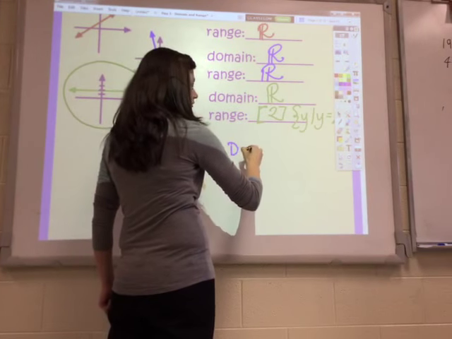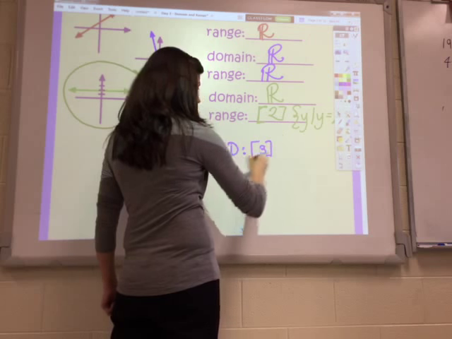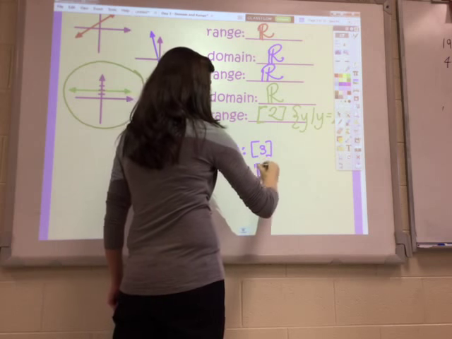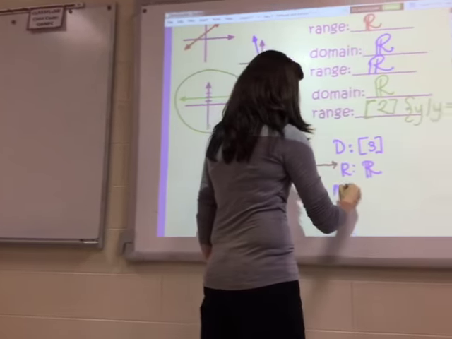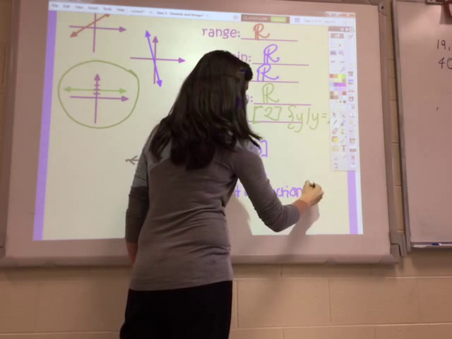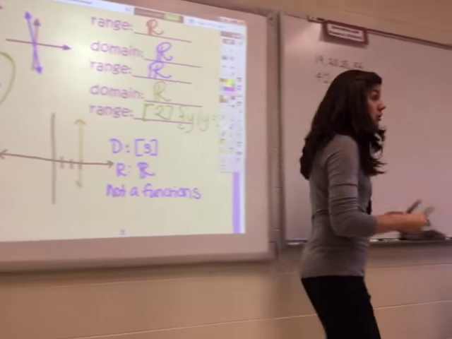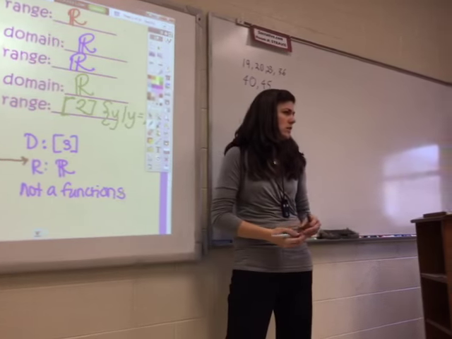Yes, the domain is what? 3. The range is all reals, but it's not a function, okay? So when I talk about the family of functions and I talk about the linear part of that, this is not part of that because it's not a function. Is everybody okay with that?